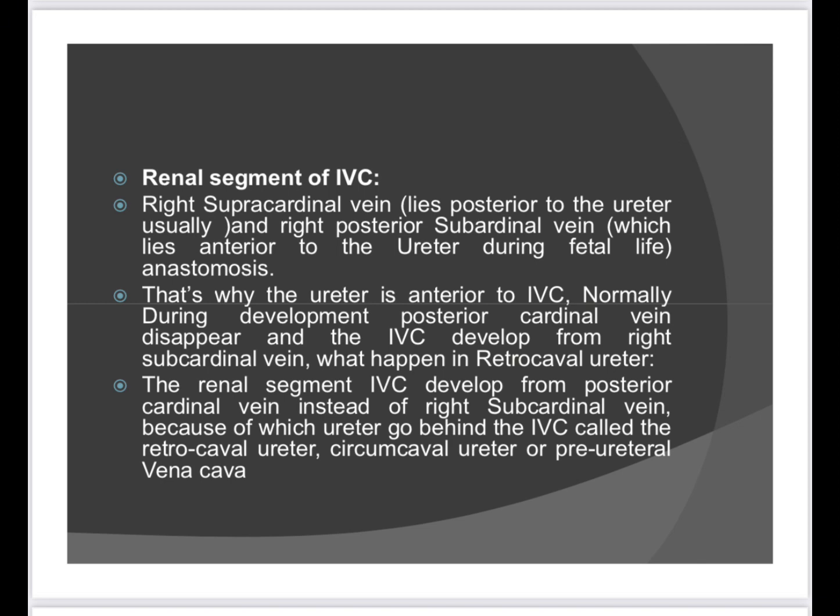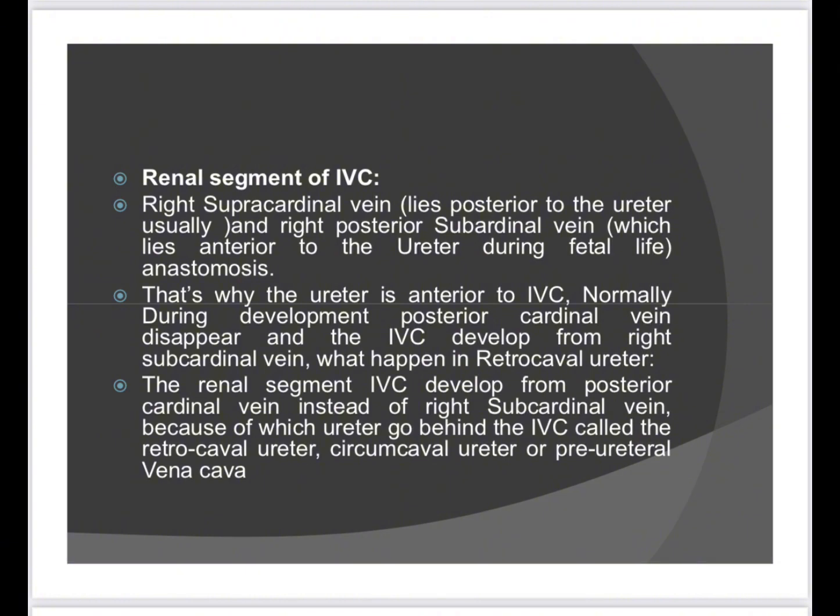But if a problem occurs and the posterior cardinal vein persists, due to the absence of its disappearance, the ureter will be lying posterior to the IVC, and that's the condition which we also call circumcaval or pre-ureteral vena cava.